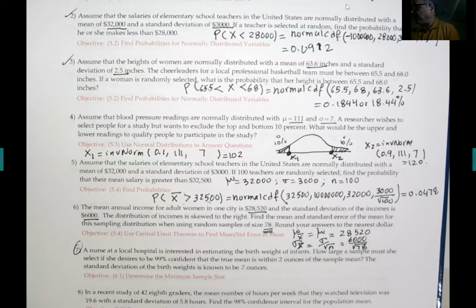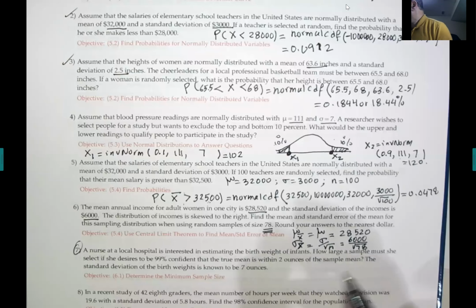A nurse at a local hospital is interested in estimating the birth weight of infants. How large a sample must she select if she desires to be 99% confident that the true mean is within 2 ounces of the sample mean? The standard deviation of the birth weights is known to be 7 ounces.